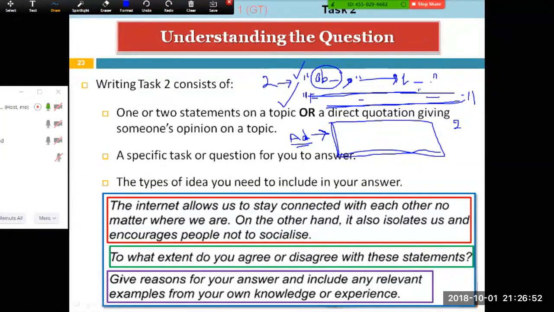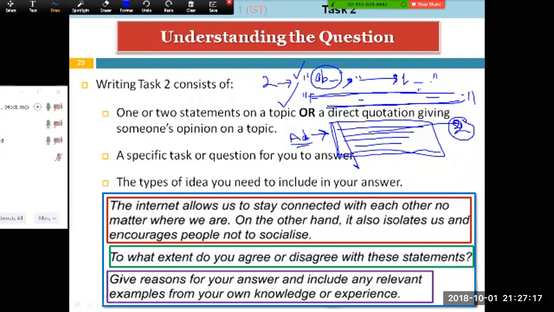Now you see, in one paragraph there has to be at least, let's say, 10 lines. I will talk about how many lines or words should be there, but generally speaking, there should be 10 lines. Now, these 2 advantages cannot produce that many words, and you have to write 250 words in total at least.